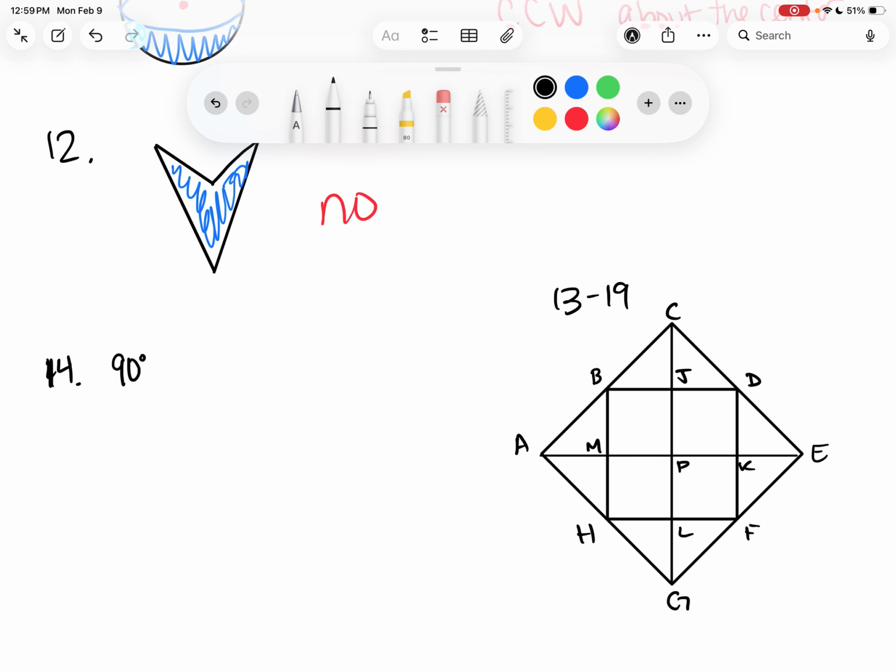So 14, 90 degrees clockwise rotation of KF about P. All right, I'm going to try to highlight this here. So KF is here, and it's being rotated about point P 90 degrees.